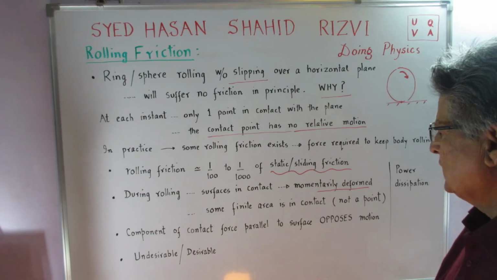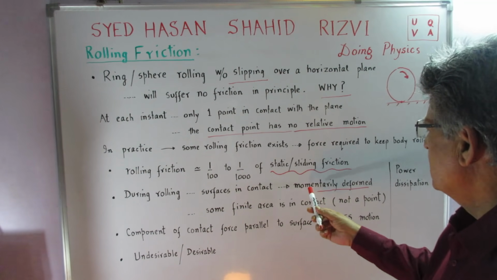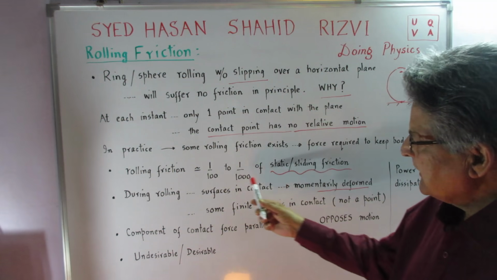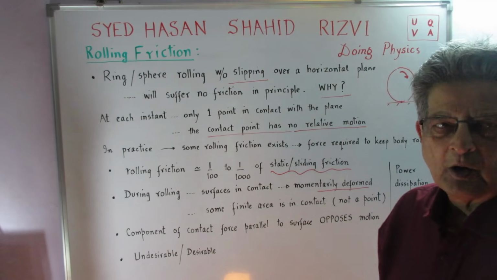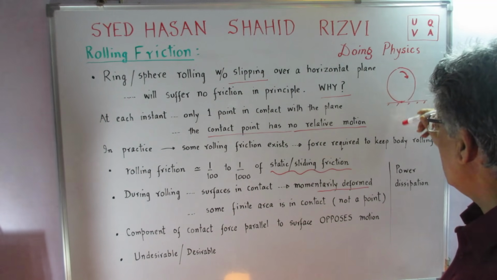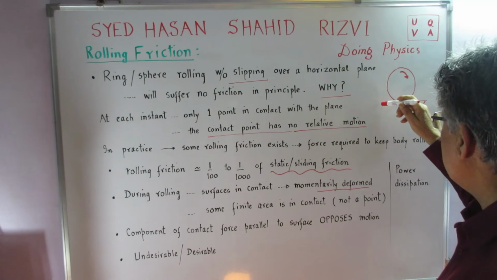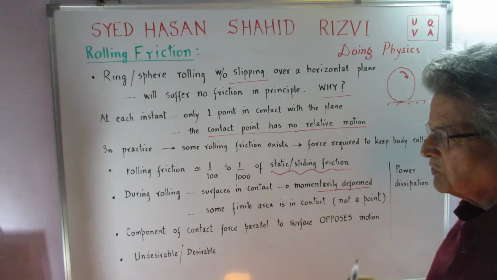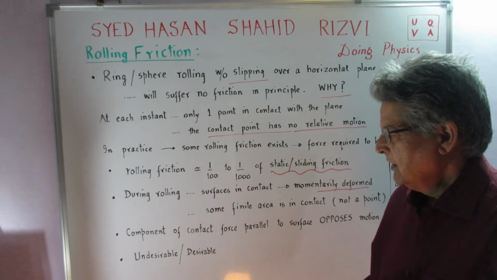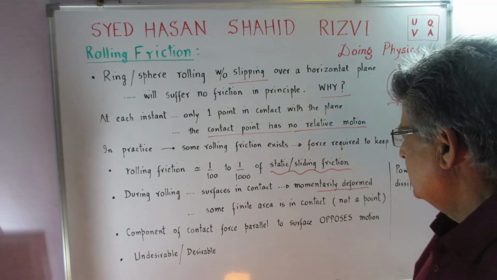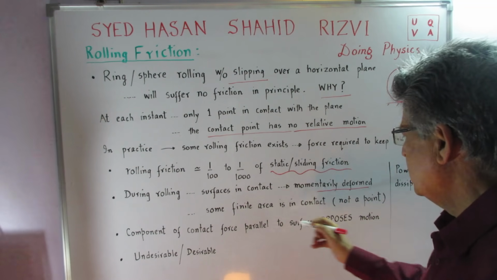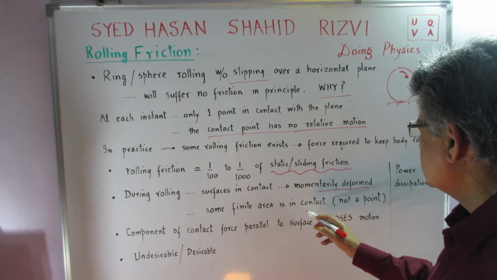So reaction forces make them momentarily deformed, and therefore some finite area is in contact, that of the ring or the sphere, and also that of the surface. So there is a momentary deformation, and it's not a point, but some finite area is in contact.